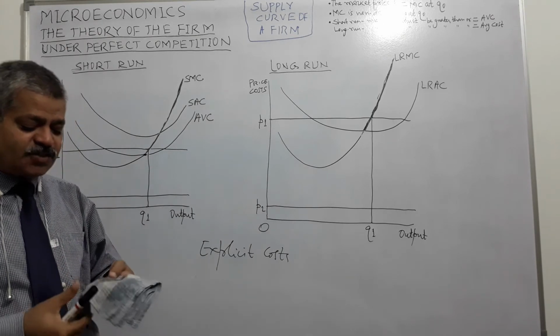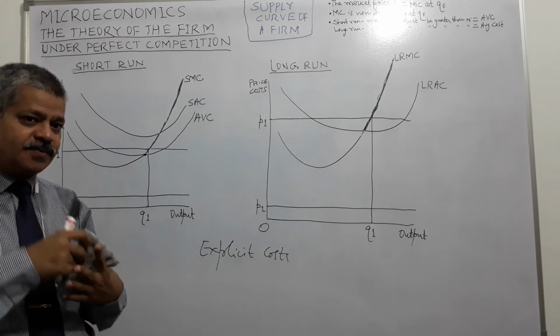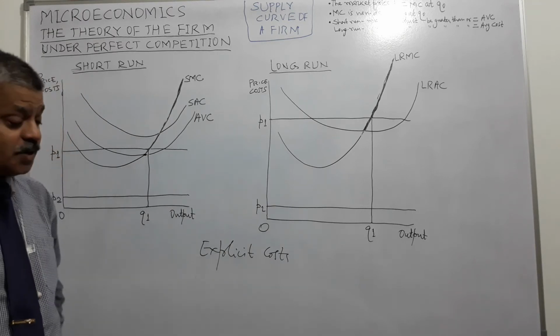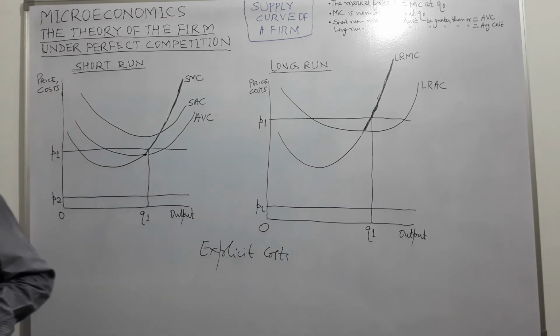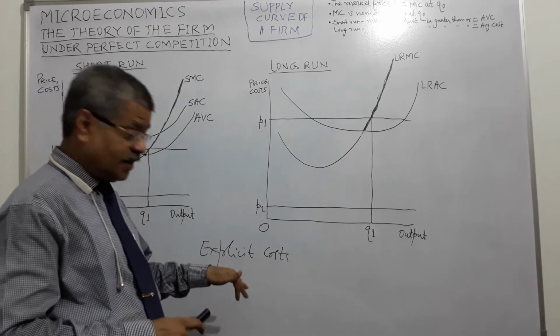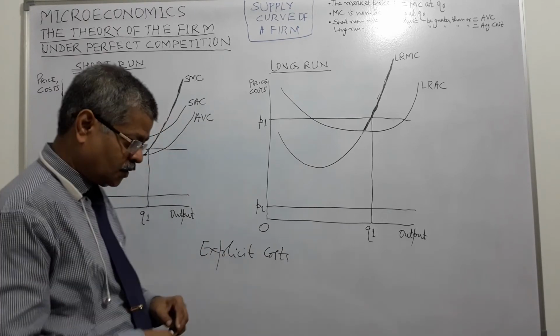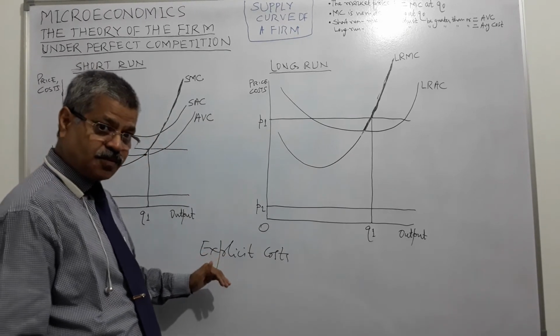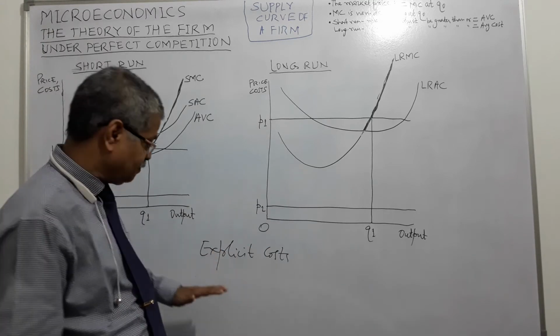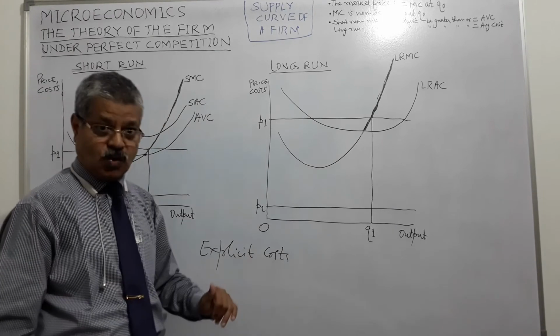So 3 kinds of factors of production I engage and pay for them, and the 4th kind of factor of production I own, it belongs to me. So I could use it in my business. The 3 kinds of factors of production which I am hiring, I need to pay for them. Those are called explicit costs.